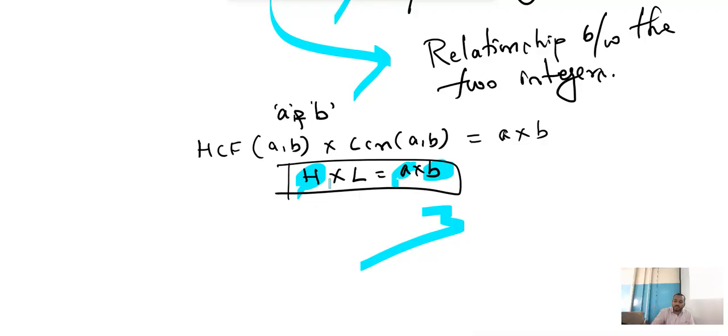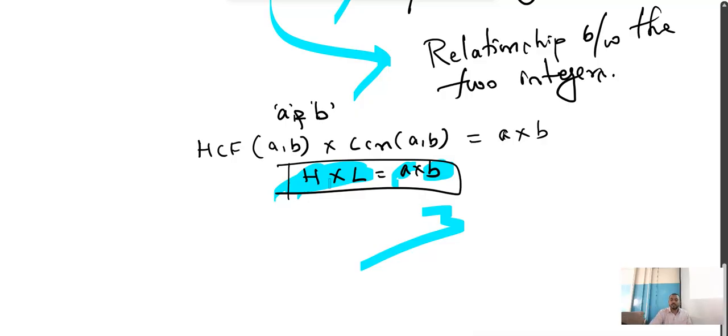In one step, we cannot find H and L together by the relation method. We have to use the prime factorization method, by which we can find H and L both together. But in the relation method, we should know 3 values, then only we can find the 4th value.